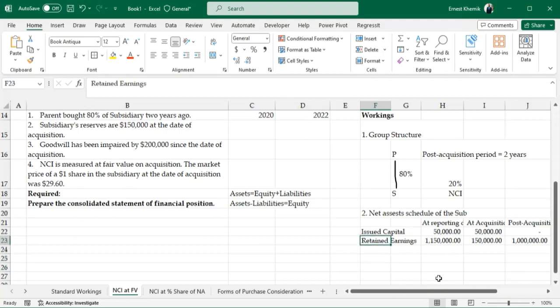So any item, I repeat, that will affect any of these net assets of the subsidiary will be treated under the net assets of the subsidiary, which is workings 2.